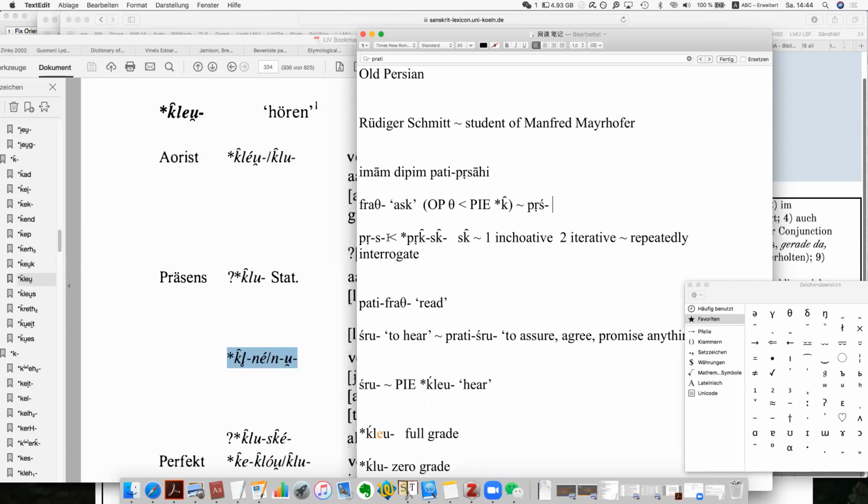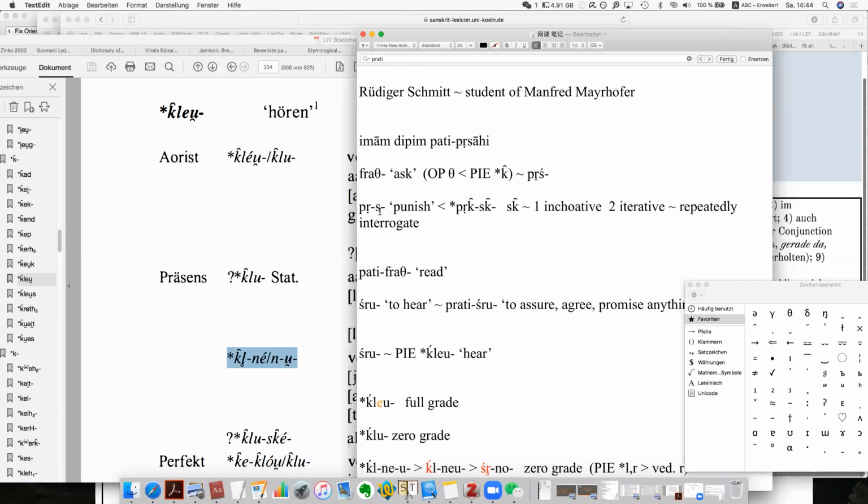So this old Persian verb in present means punish because it comes from the meaning ask to account. So repeatedly, it comes from an iterative meaning of ask. So ask repeatedly, interrogate, so then punish. So if you interrogate someone, you just do it in a hostile, negative way, right?